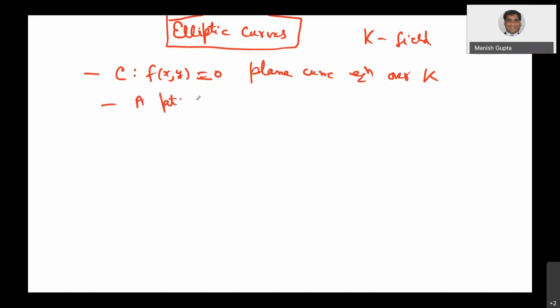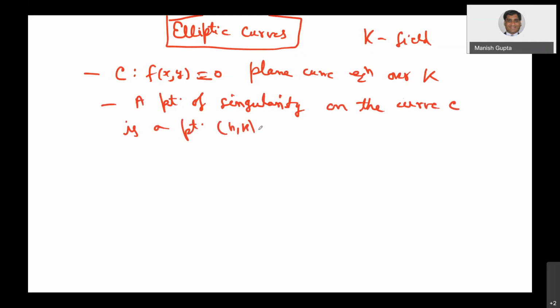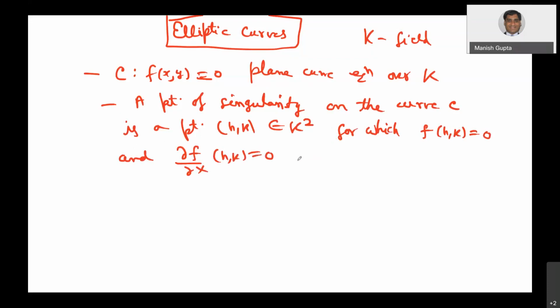A point of singularity on the curve C is a point (h, k) in K square for which f of (h, k) is equal to 0, and delta f over delta x at (h, k) is 0, and delta f over delta y at (h, k) is 0. Then such a point (h, k) is known as a point of singularity on the curve.